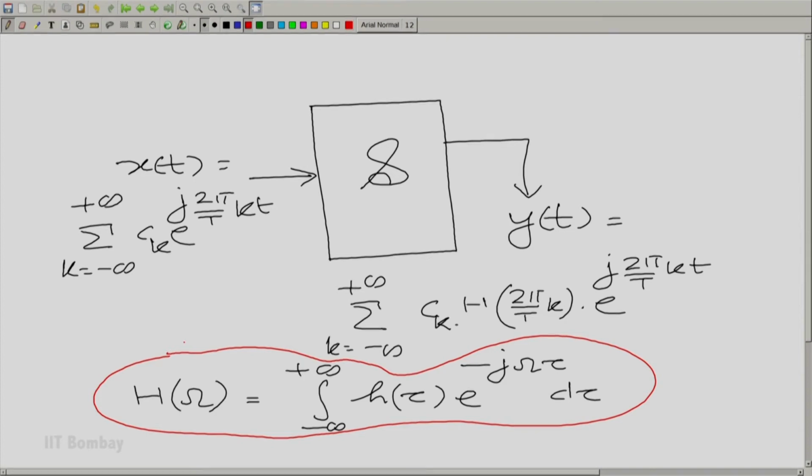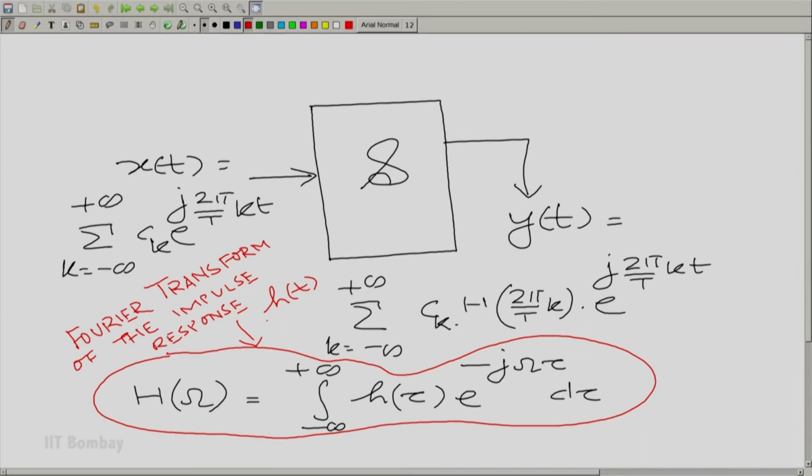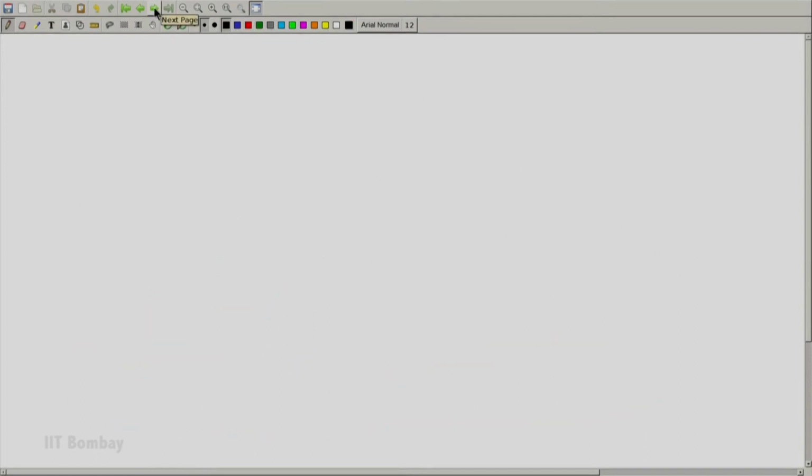We will give it a name. We call it the Fourier transform, as opposed to Fourier series, by the way. We call it the Fourier transform of the impulse response, h(t). And we will understand this Fourier transform a little better. What exactly is it?